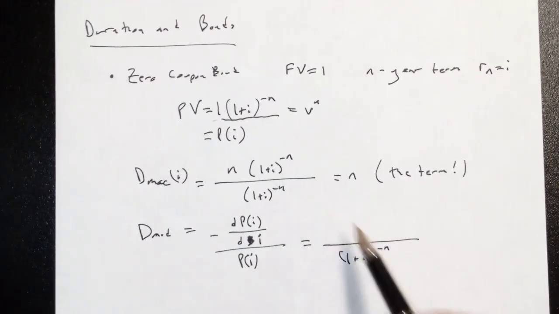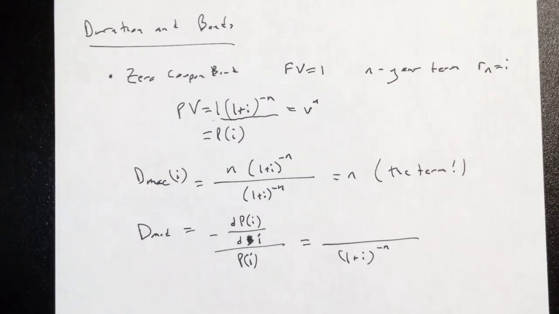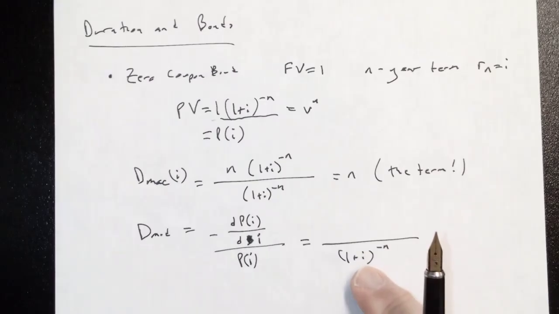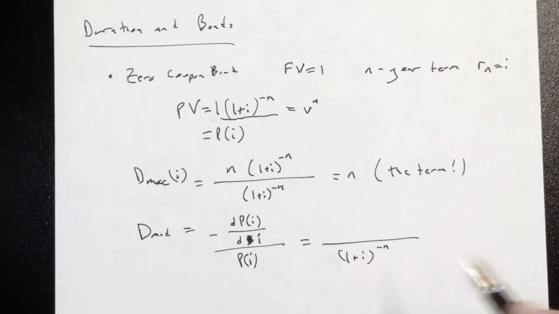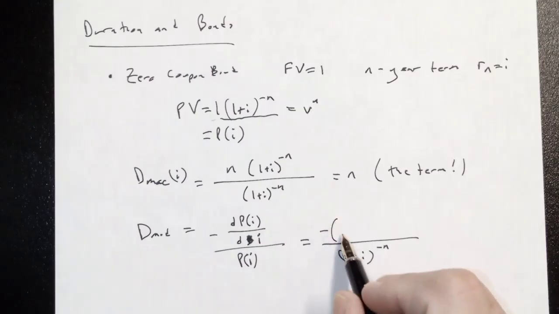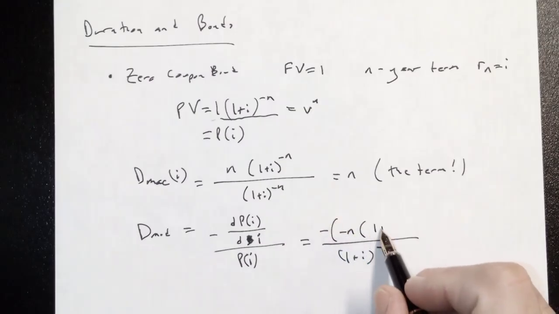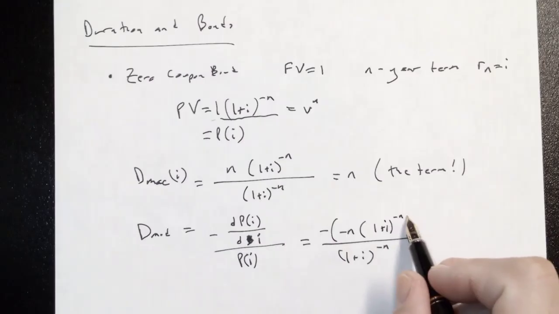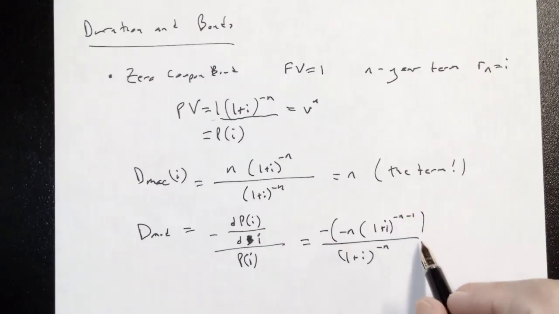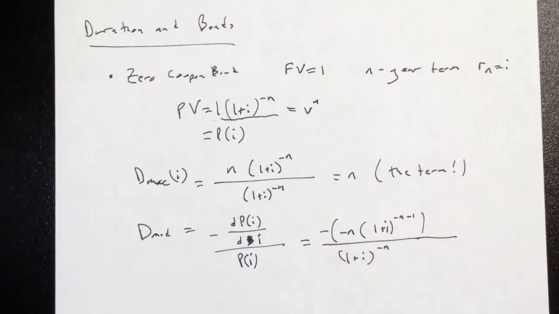What do I do with this n? I'm taking my derivative with respect to I. So my variable's on the inside, so it's stuff to a power. Okay, power rule time. Minus n, 1 plus I to the minus n minus 1, times the derivative of the inside. Chain rule.